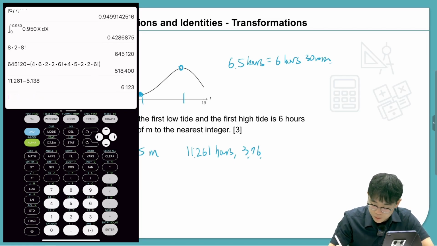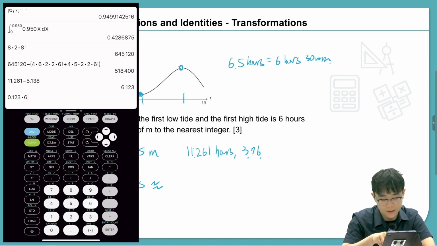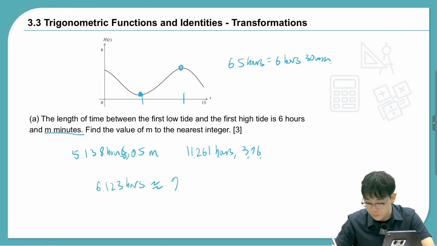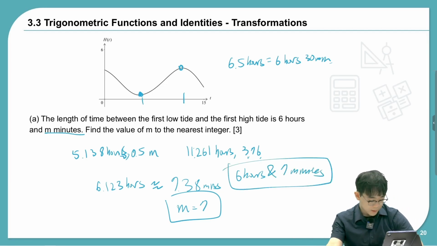So that's 6.123 hours. We now want to convert that into minutes. So 0.123 we can multiply by 60. So that would be 7.38 minutes, or m would be 7. Okay, because we have 6 hours and 7 minutes. Right, so that's part A.